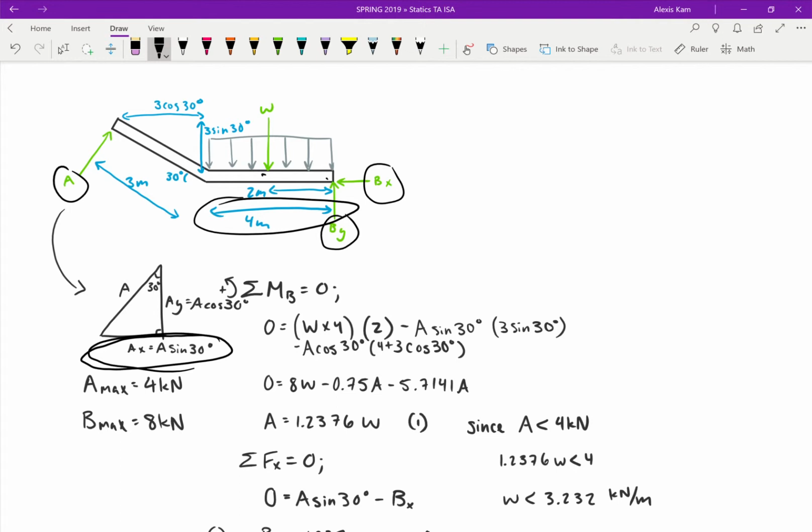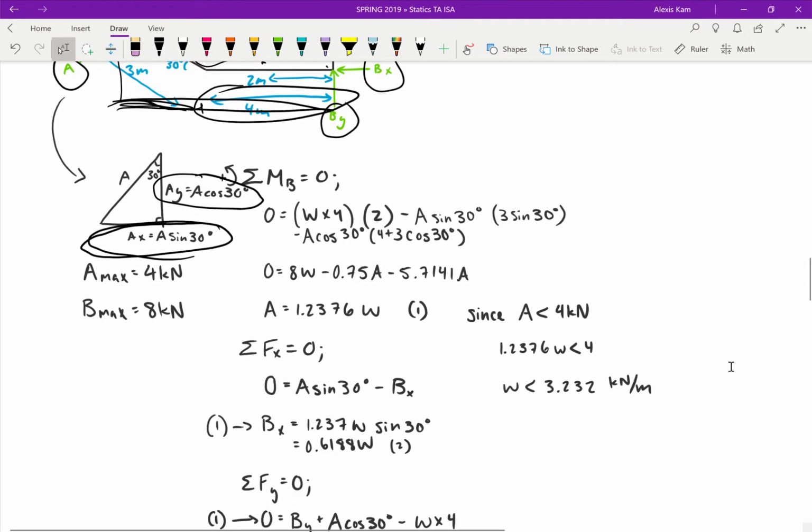And then times 3 sine of 30 degrees, which is the y distance between point A and B. Then we can also subtract A times cosine of 30, which is A in the y direction, times 4 plus 3 times cosine of 30, which is that original 4 we said the distributed load was acting across, plus the distance between A and this point. So from here to here, that is going to be 4 plus 3 times cosine of 30 degrees.